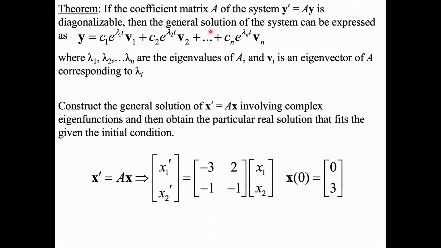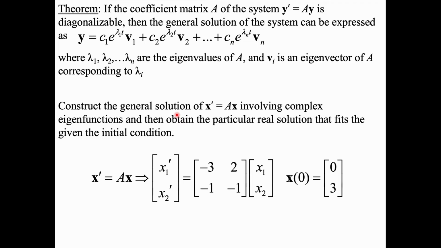So we want to take that approach with regard to a system of differential equations where the coefficient matrix will actually have complex eigenvalues. If we want to construct a general solution of x prime equals Ax involving complex eigenfunctions, and then obtain a particular real solution that fits the given initial condition, the question becomes, how do we extract real solutions from complex conjugate roots of the characteristic equation?